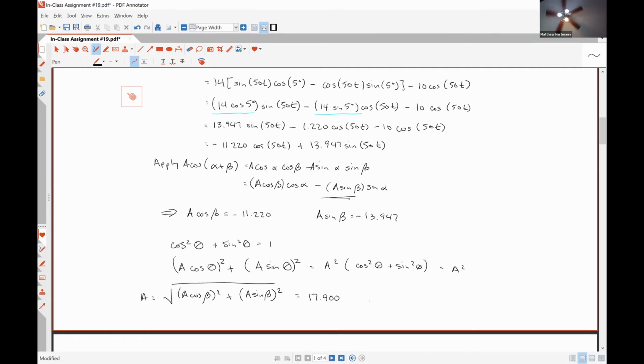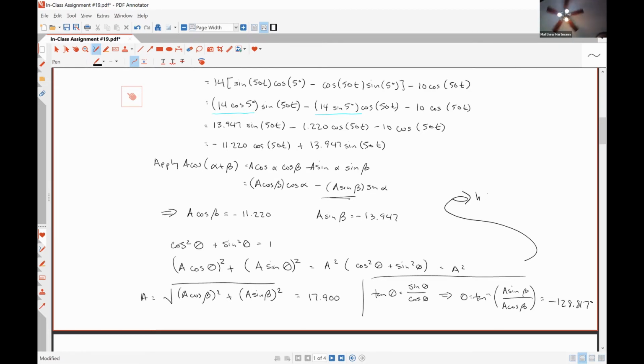And I know that tangent theta is equal to sine over cosine, which implies that theta is equal to the inverse tangent of a sine beta over a cosine beta, and I'll get negative 128.817 degrees.